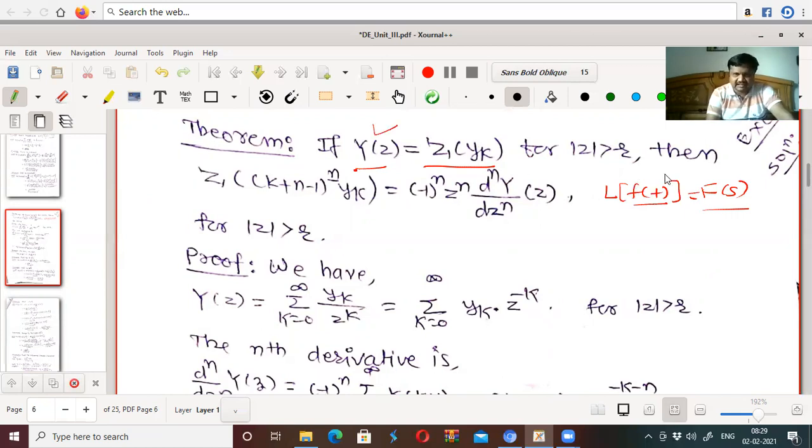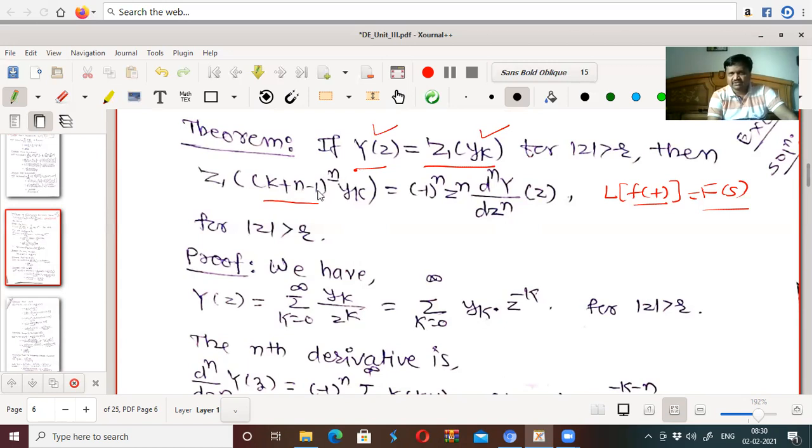For mod z greater than r, Z transform of k plus n minus 1 to the falling n into yk equals minus 1 to the power n, z raised to n, nth derivative of that Z transform of yk. So if we know the Z transform of yk, then we can find the Z transform of yk into k plus n minus 1 to the falling n.